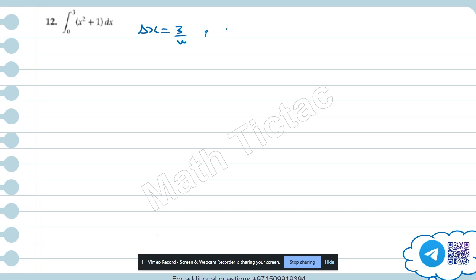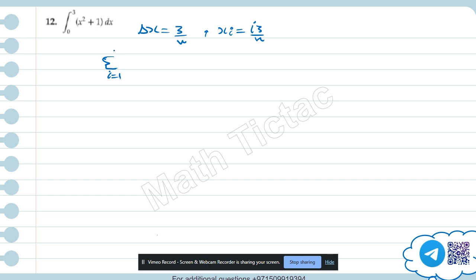It will be 0 plus i multiplied by delta x, which is 3 over n. So this is 3i over n. So now, sigma notation, i equals 1 to n, f of 3i over n, multiplied by delta x, which is 3 over n.